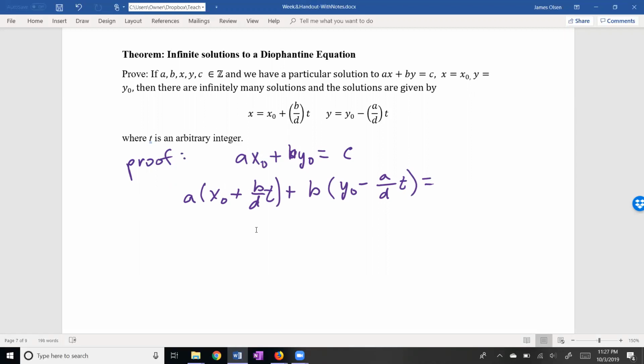Once again, you might pause the video and see if you can finish the proof. I'm going to do distributive property, so I'll have ax naught plus ab over d t, plus b y naught, looks like I ran out of room, minus ab over d t.